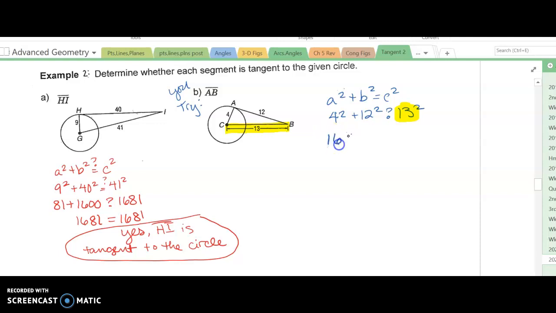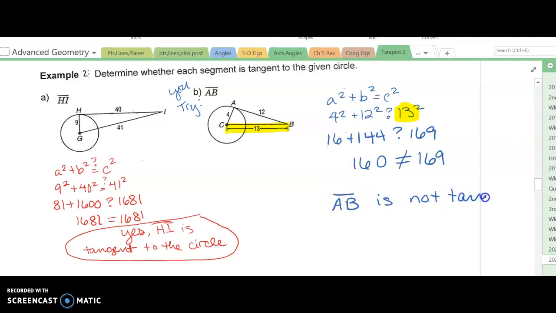And so we have 16 plus 144. Does that equal 169? Well, this comes out to be 160, so that would be no. So line AB is not tangent to the circle, to circle C.